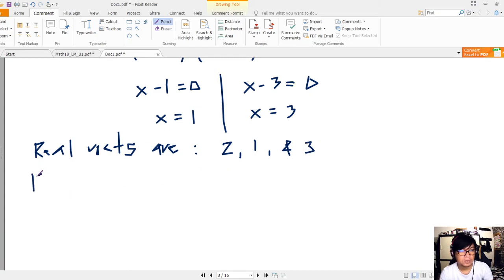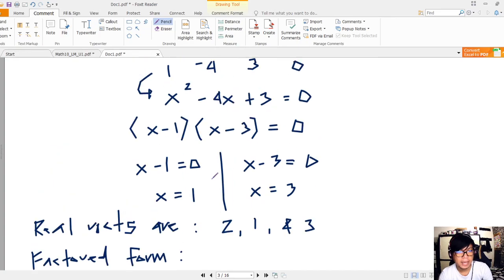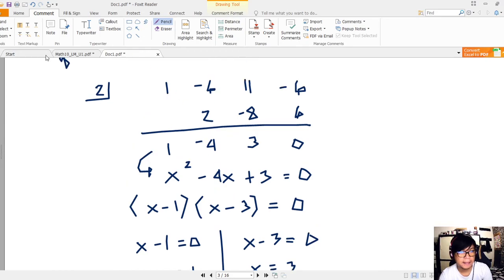So, the factored form ng ating polynomial equation, we have, itong 2 magiging x is equal to 2. Yan siya, diba? So, x minus 2 is equal to 0.